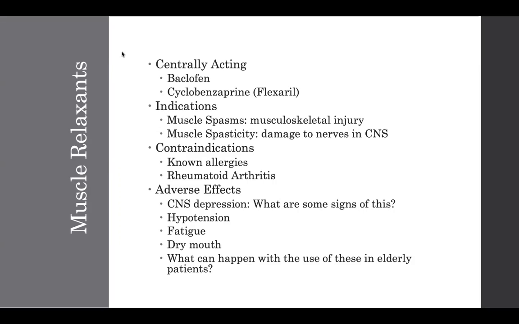So that is something you definitely want to look for. Yes. And then when it comes to patient safety, you want to educate people to not use heavy machinery or drive while using these until they know how it affects them personally. Because just because someone is able to take baclofen and drive doesn't mean the next person would be able to do that. It can cause a lot of fatigue.